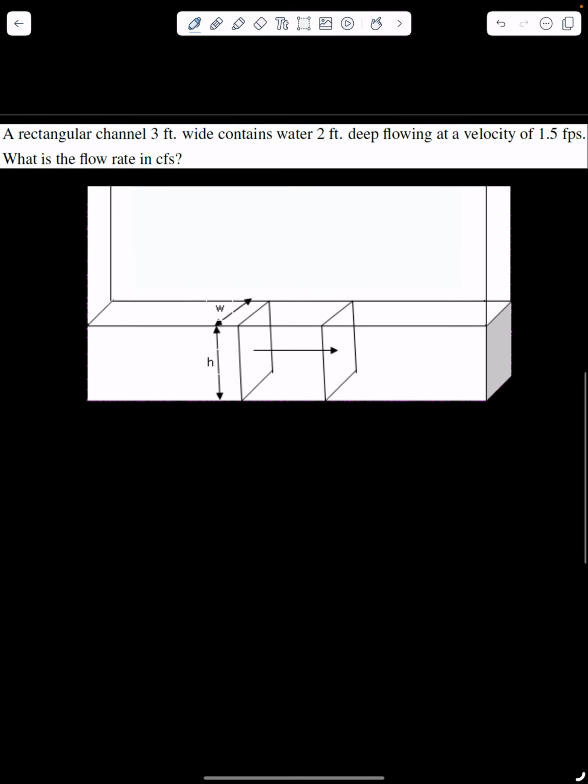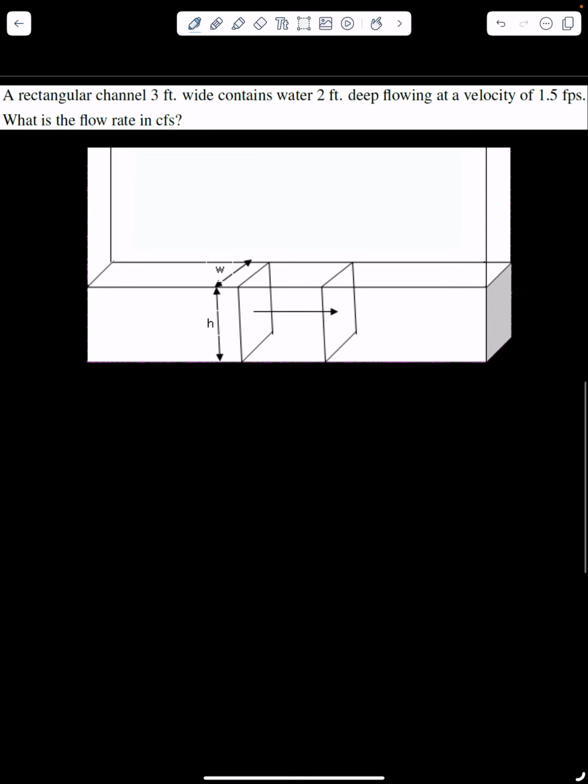The second problem states: a rectangular channel 3 feet wide contains water 2 feet deep flowing at a velocity of 1.5 fps. What is the flow rate in CFS? So the channel width is 3 feet. The height of the water, which is how deep the water is flowing, is 2 feet.